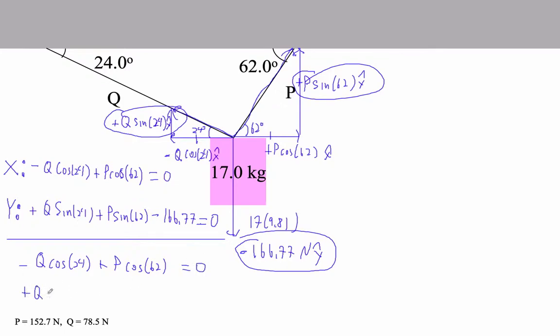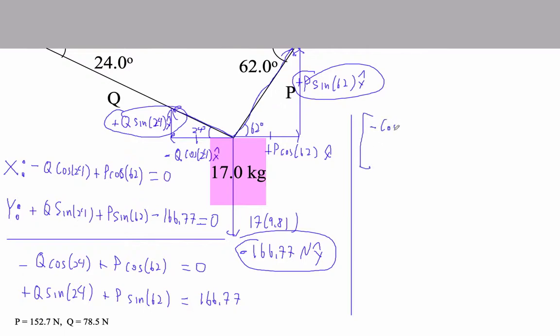Plus Q sine 24 plus P sine 62 equals 166.77. You want all the constants on the right side, all the things without the constants there. And then let's carve out a little space here. So we're going to represent this with this matrix.